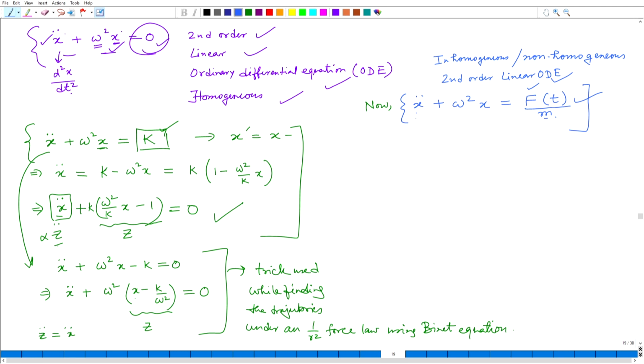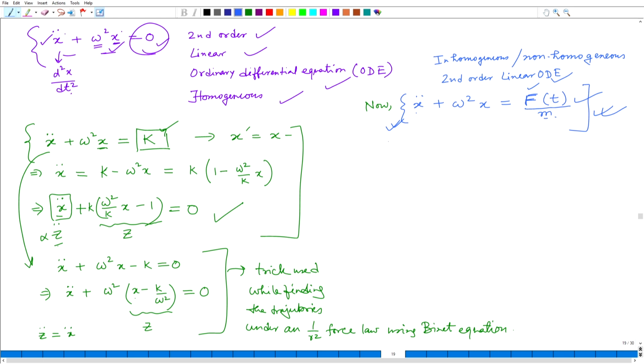Now, by trial and error you can somehow find a solution which exactly solves this, let us say by chance, by luck. Now, will that be the total solution? There we have to be a little cautious. Let us say I have a non-homogeneous linear second order ODE.